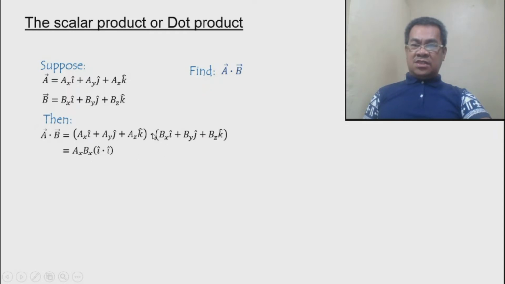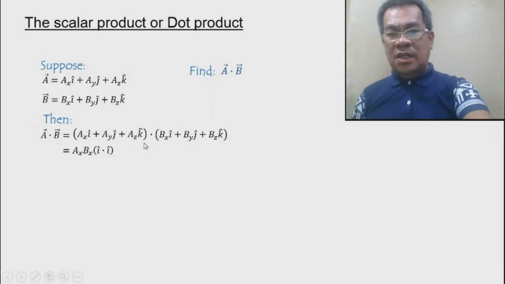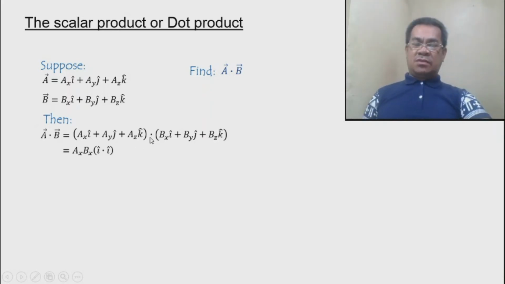This dot product works only on vectors; it works as the normal product for scalars, but for vectors the dot product has its own meaning. Because what is i dot i? This is 1, remember? So later on we can eliminate or simplify this vector. So you have to emphasize the grouping symbols for the vectors.